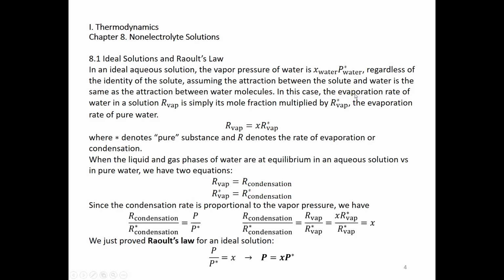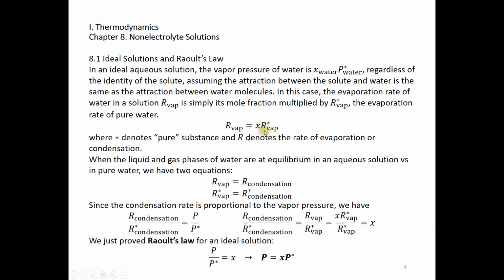In this case, the rate of evaporation of water over here is equal to the mole fraction multiplied by the evaporation of pure water. So right now we have this equation. Again, we can write this only if we assume adding a solute does not really change the magnitude of attraction and repulsion for the water molecules.